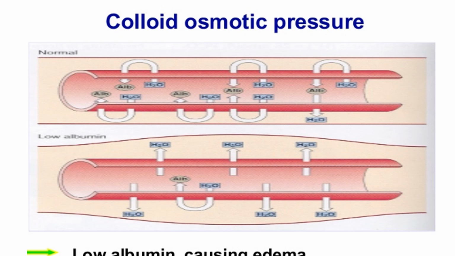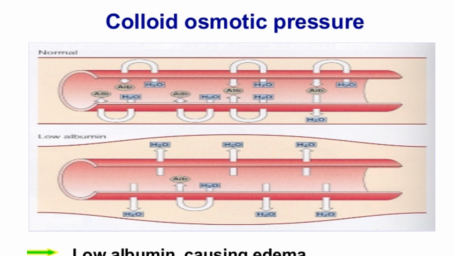Now this picture shows you that when the plasma proteins are within a normal concentration, and mainly the albumin, it retains water within the intravascular compartment. See, 60% of our plasma is water, and this water should be retained within the intravascular compartment.